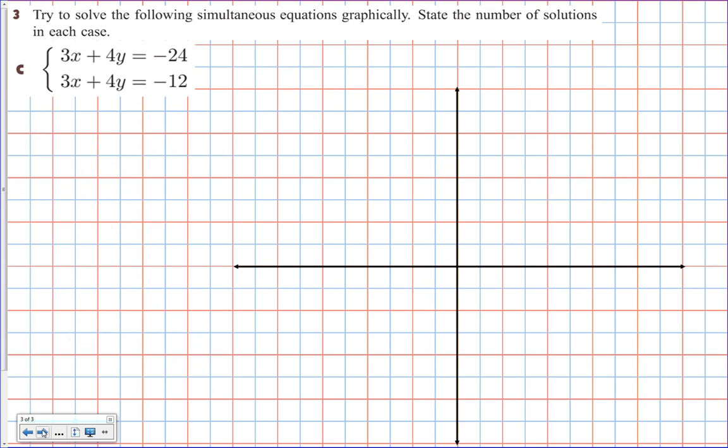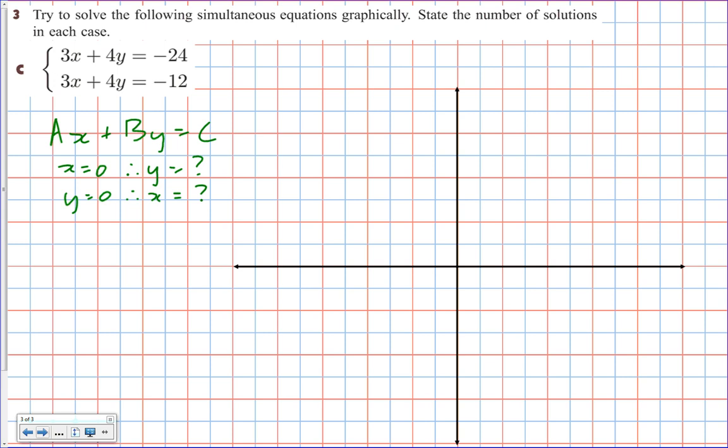So last one here, try to solve the following. Again, this one here, they're both in the form ax plus by equals c. So x equals 0, therefore y equals question mark. y equals 0, therefore x equals question mark.